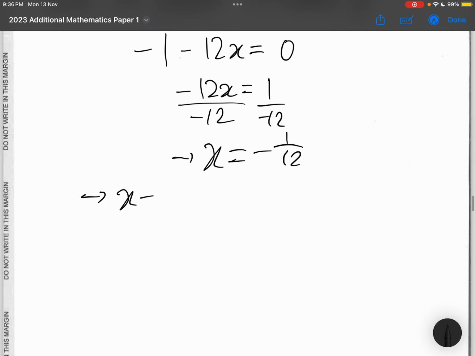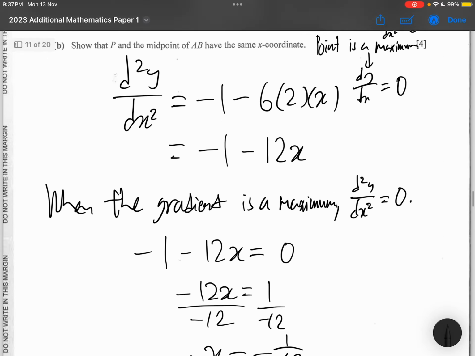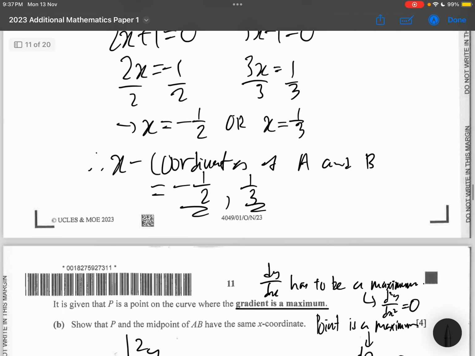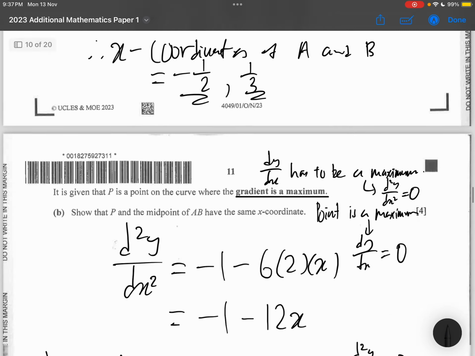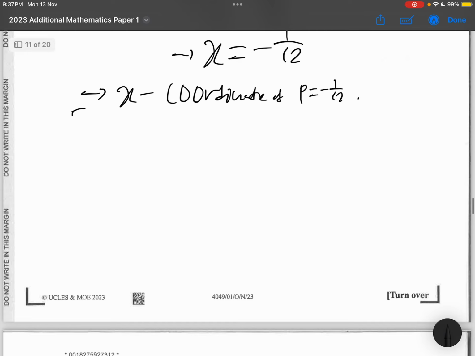So in this case, the x coordinate of P, okay, then what I can do from part A, I can find the midpoint of AB.